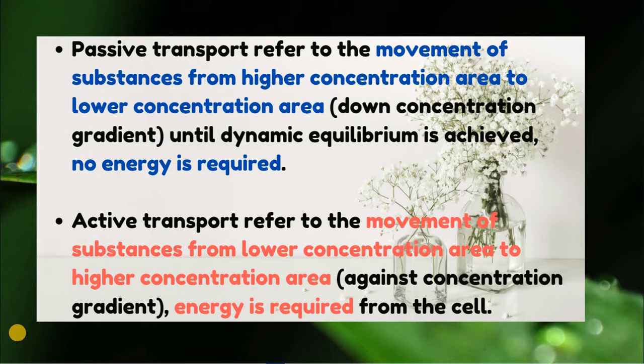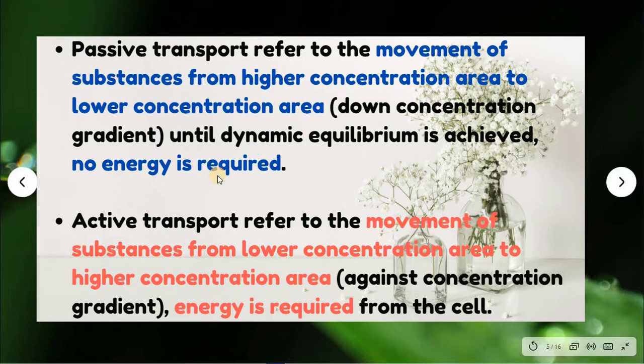So, what do we mean by passive transport? Passive transport refers to the movement of substances from higher concentration area to the lower concentration area, or in other words, down the concentration gradient, from higher to lower, until a dynamic equilibrium is achieved.